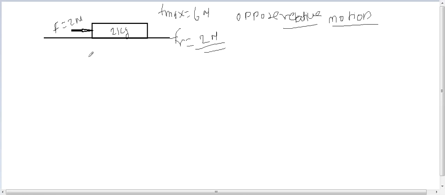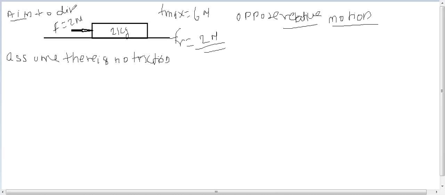Now, what is the first step? Just assume there is no friction. Our purpose, our aim, is to determine the direction of friction.